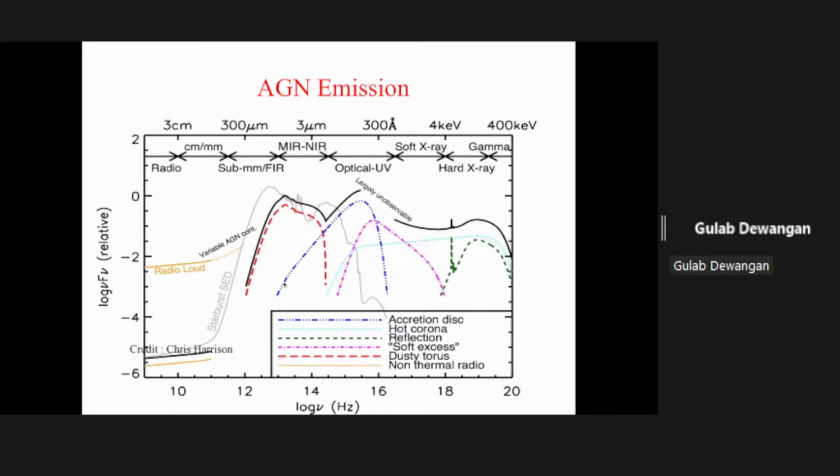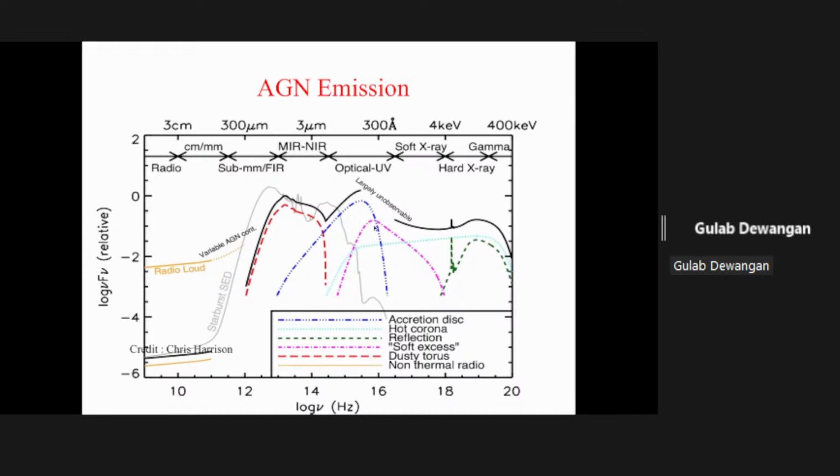First of all, in the optical ultraviolet band, we have this component shown in the blue dash-dotted curve, the big blue bump component. So this is the optical UV continuum we observe, and it looks like this.